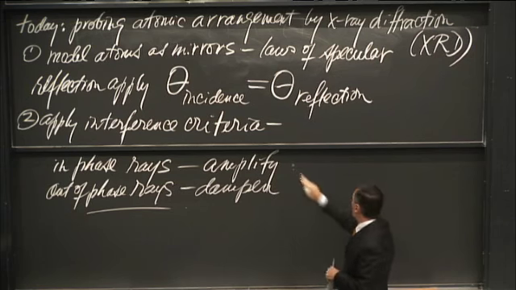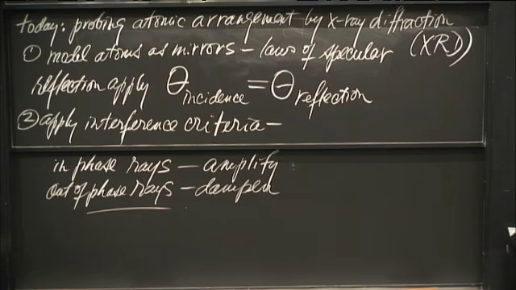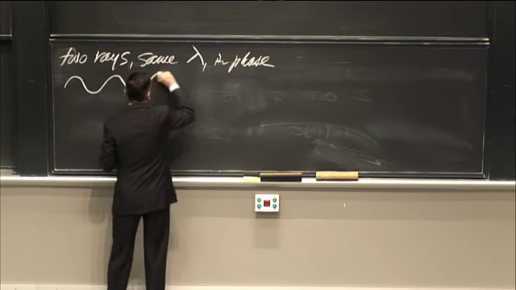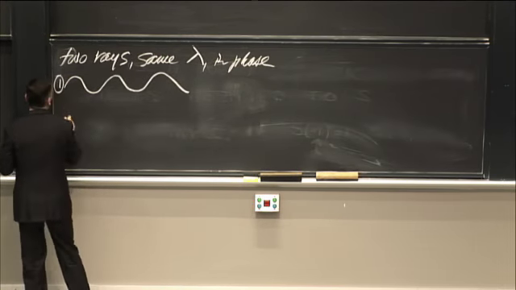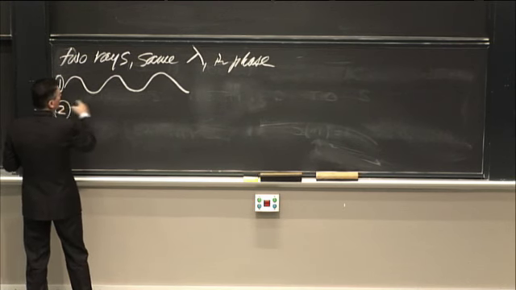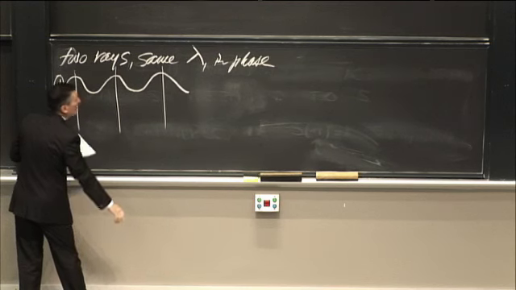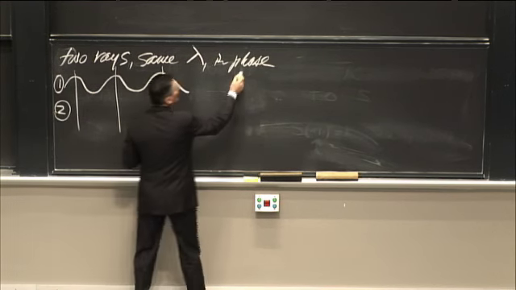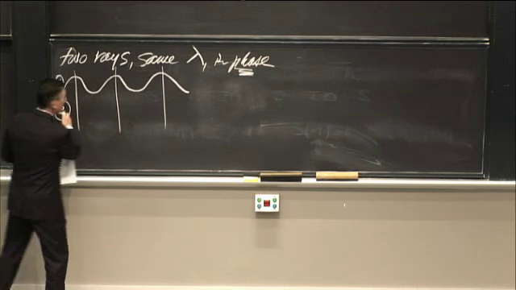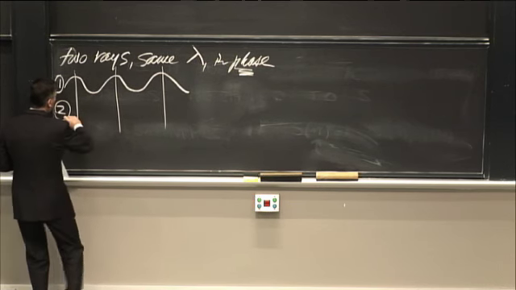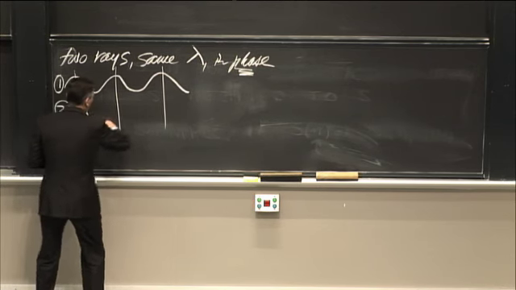In-phase rays amplify. So let's give one ray here. I'm going to depict it as a wave. All right, so that's ray number 1. And beneath it is ray number 2. It's got the same wavelength, so that means crest to crest distance is the same. And if it's in phase, it means that crest lines up with crest, trough lines up with trough. So I'm going to make another one seemingly identical.